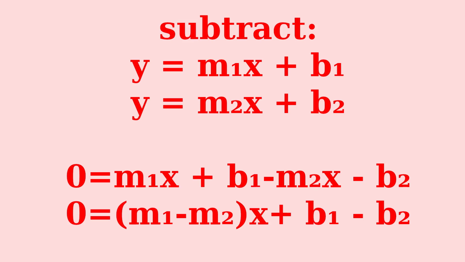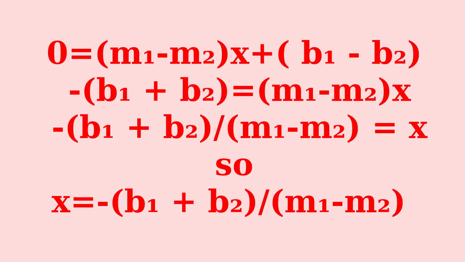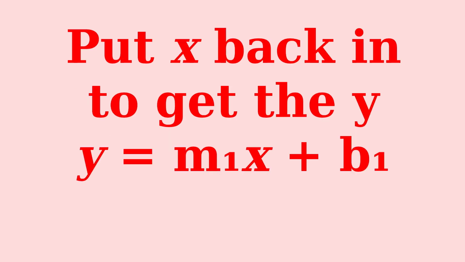So x equals minus the difference in the b's divided by the difference in the m's. Substitute x back into one of the equations to get y.